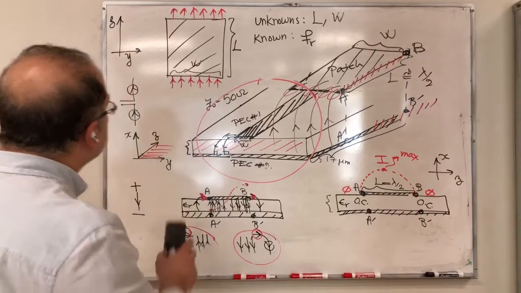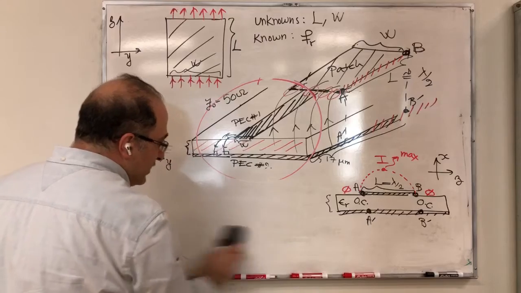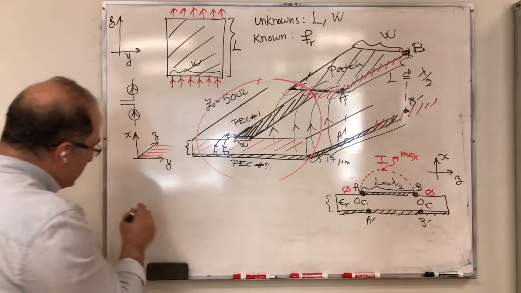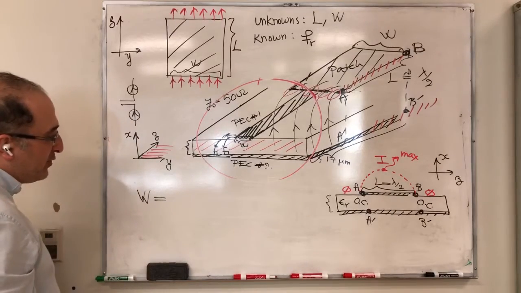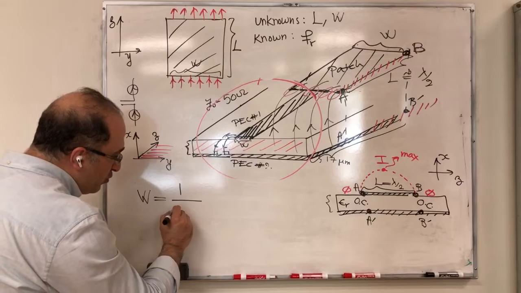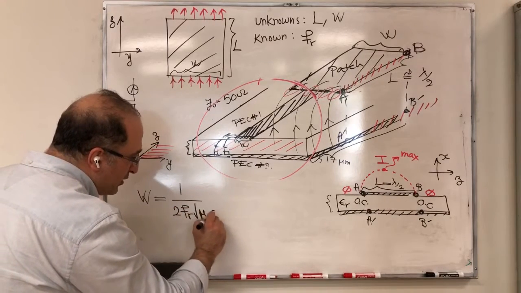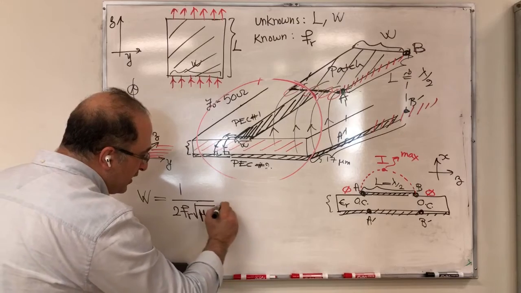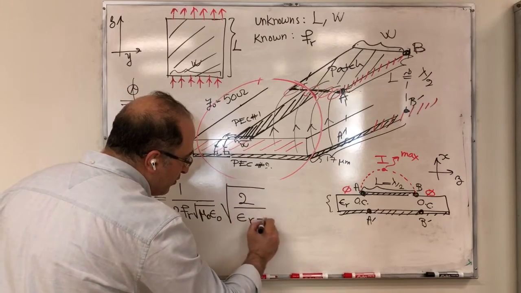So in this course, this would be the equation that we're using for the width of the patch. The equation that we're going to use to get it would be 1 divided by 2 FR square root of mu naught epsilon naught, times the square root of 2 divided by epsilon r plus 1.